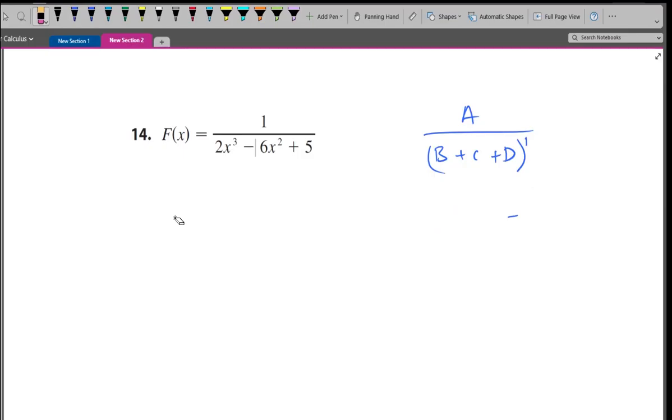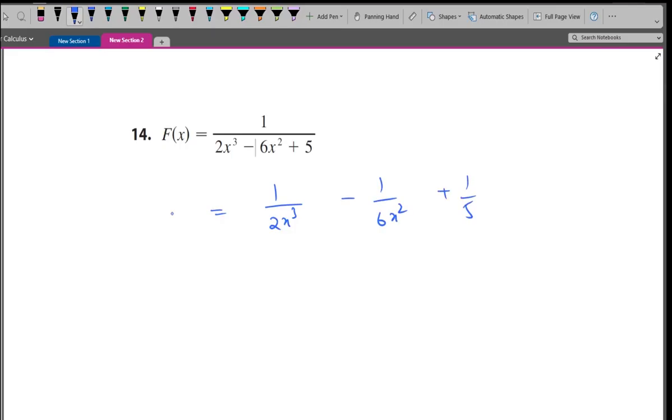But unfortunately, we have the coefficients here. So we are going to write it as 1 over 2x to the power 3 minus 1 over 6x squared plus 1 over 5. And now we can take the variables to the top, and that's going to be 1/2 x to the power minus 3 and 1/6 x to the power minus 2.